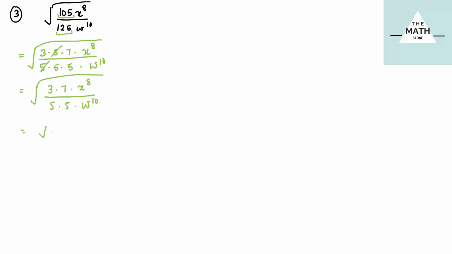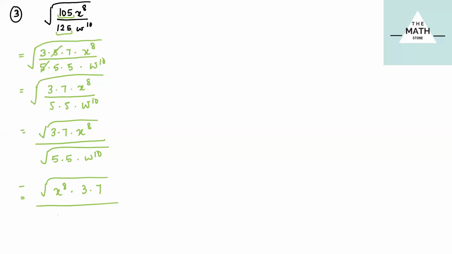So this becomes square root of 3 times 7 times x raised to 8 over square root of 5 times 5 times w raised to 10. Then I will group the perfect squares. You have 8 x's here, so I'm going to write x raised to 8 times 3 times 7 over 5 squared times w raised to 10.